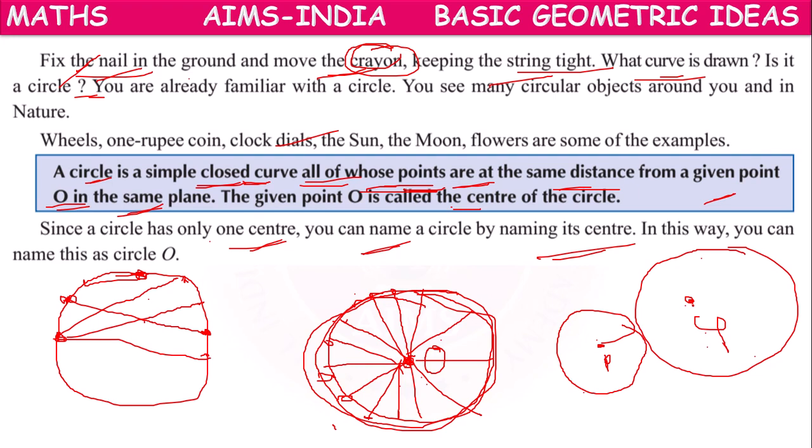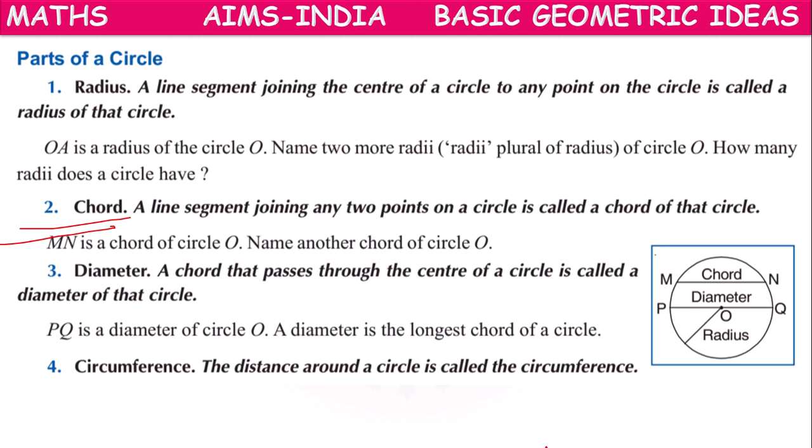Radius means joining the middle point and a point on the circle. But for a chord, both points should be on the circle, not at the middle. A chord is any line segment joining two points on the circle. Like M is a point on the circle, N is a point on the circle; the line joining them is called a chord.